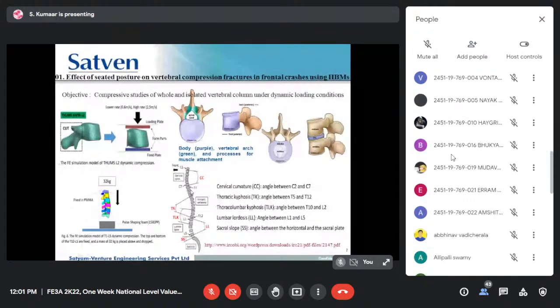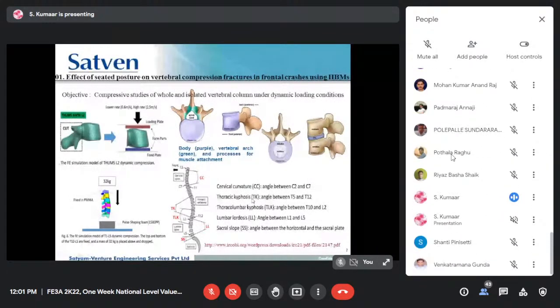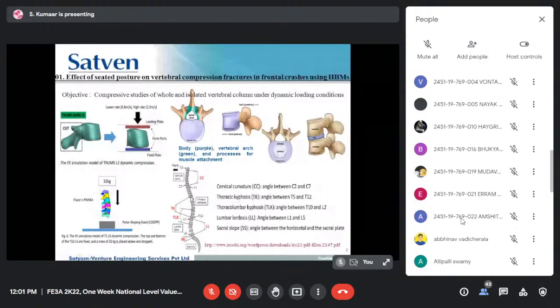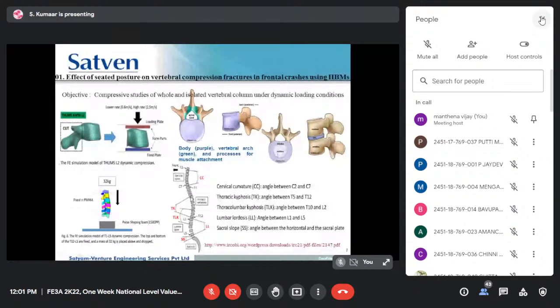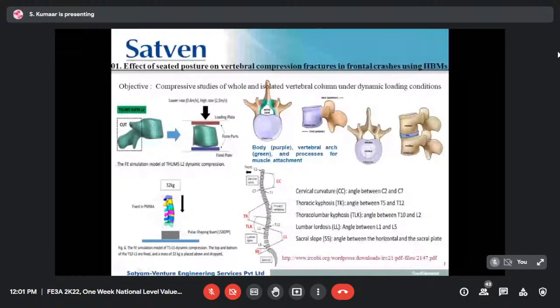This one is called thoracic kyphosis, from T5 to T12, which is the shape of the spine, and then there is the lumbar lordosis, L1 to L5. Based on the posture, how much force is experienced by the vertebra and how much the moment is will be different. That's the reason we need to study the postures.